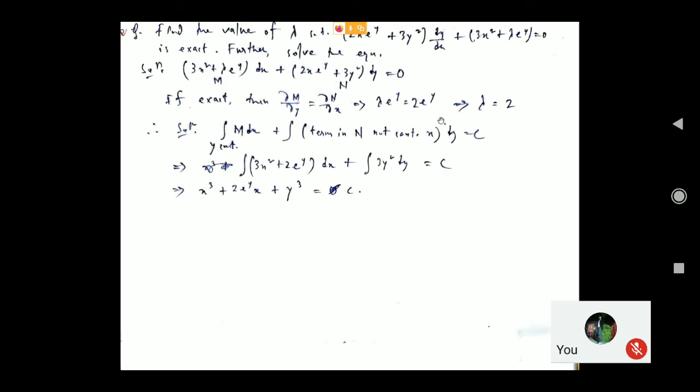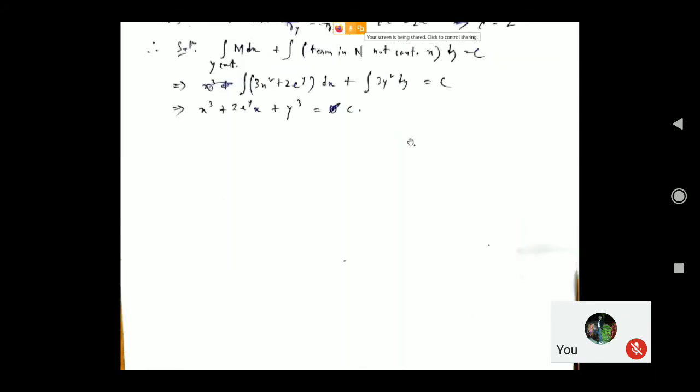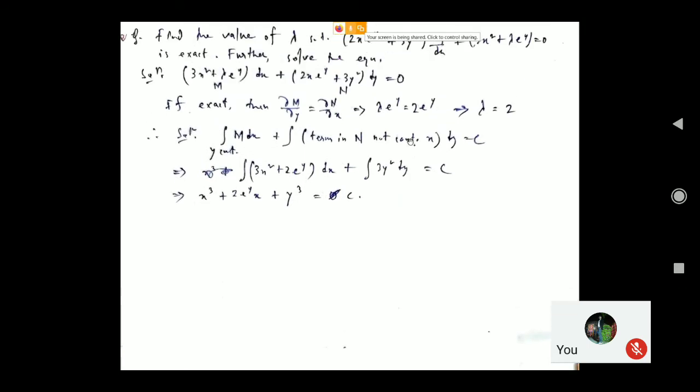So here the question asks you to find the value of the arbitrary constant lambda so that this differential equation is exact.